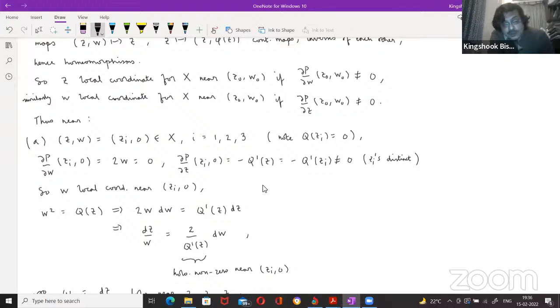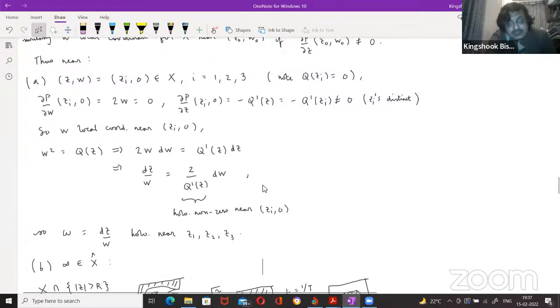Now w is a local coordinate, and 2 over q'(z) is holomorphic and non-zero near this point (z_i, 0), because q'(z_i) is non-zero. So that means that dz over w is a non-zero holomorphic function times dw near these points of the algebraic curve, where w is a local coordinate. So therefore, this differential form is holomorphic and non-zero at these 3 points on the algebraic curve.